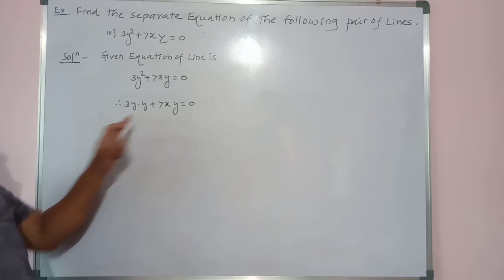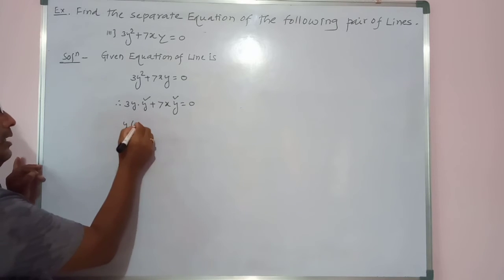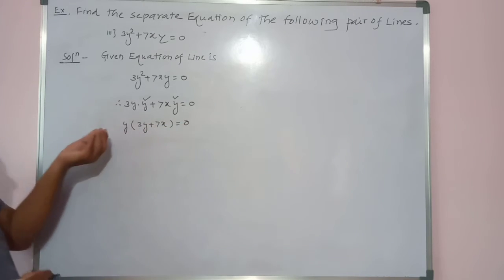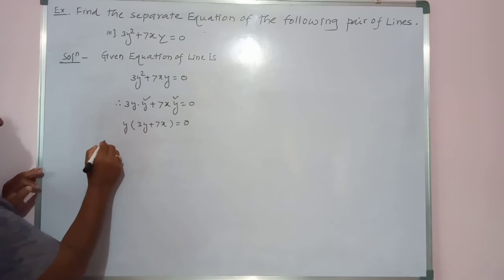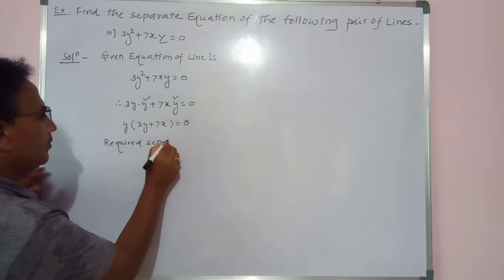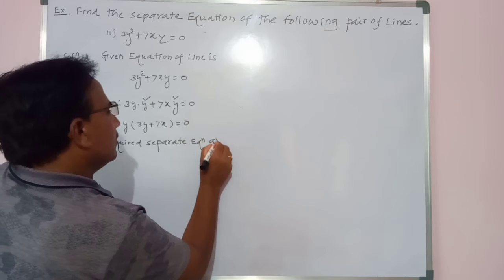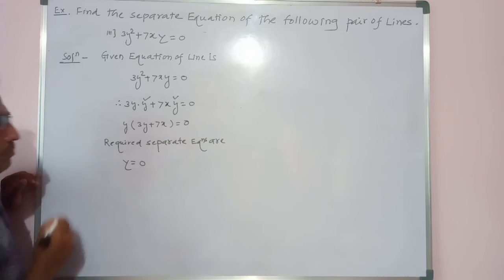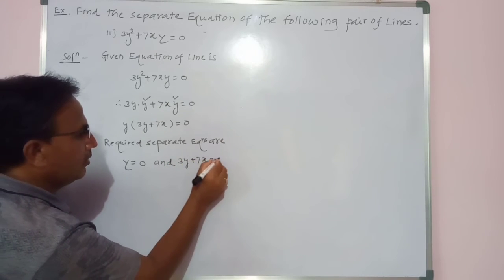The similar term y is common. So y(3y + 7x) = 0. The required separate equations are y = 0 and 3y + 7x = 0.